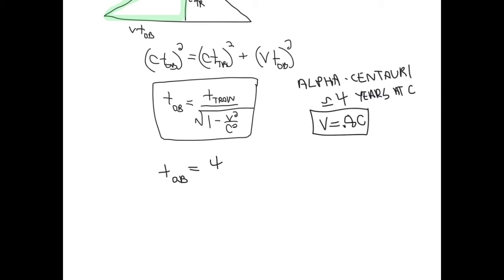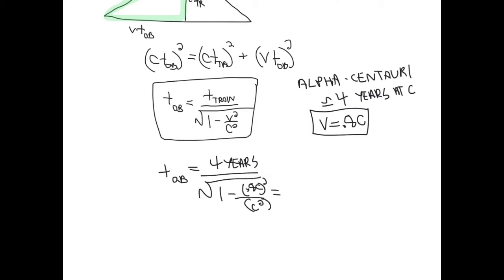So the observed time would be, say, 4 years if you were in the train, or close to that. And you would divide that by the square root of 1 minus (0.8c) squared over c squared.